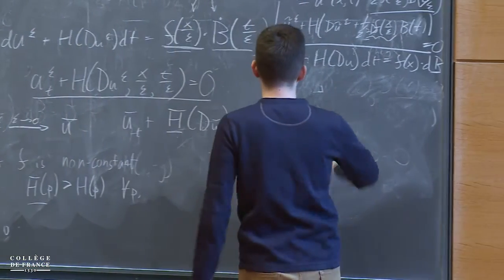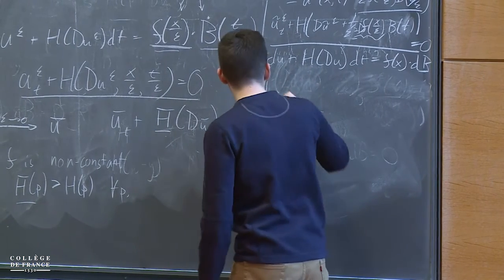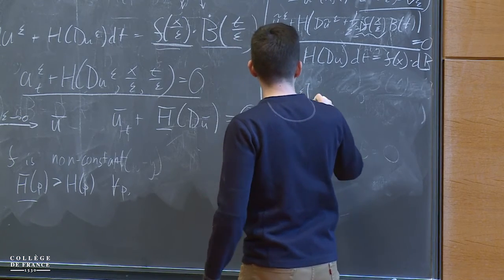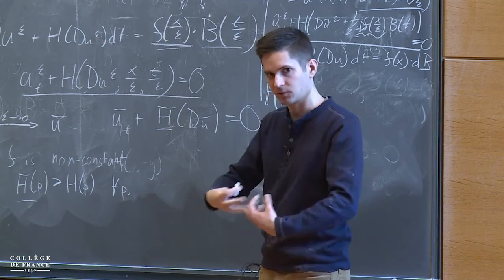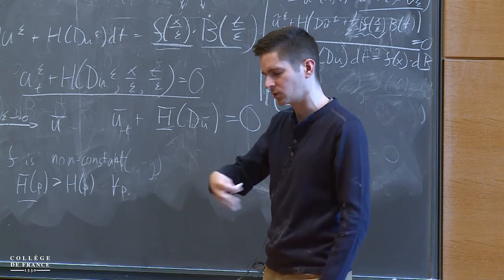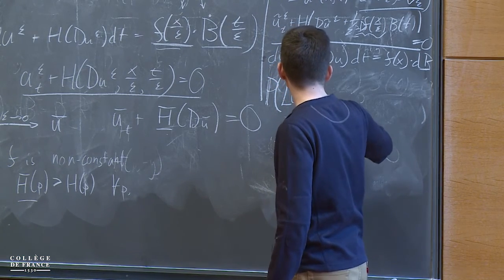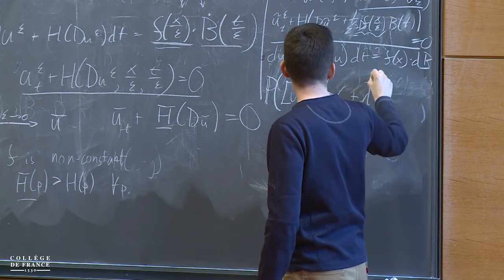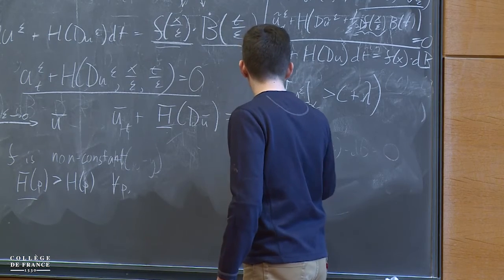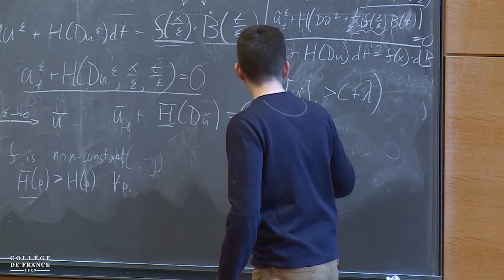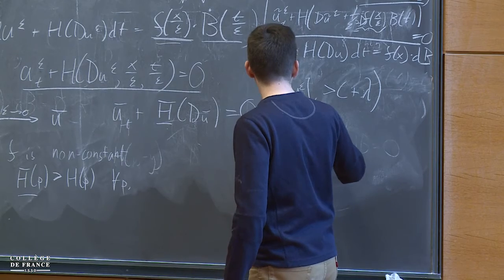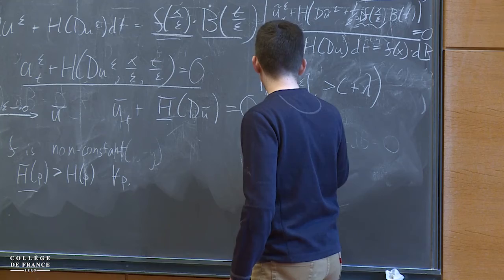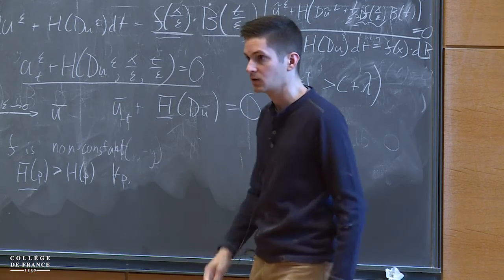And what I was able to find is that I can find some alpha modulus of continuity, so alpha Holder norm, which is bounded in the following sense. The probability that it's larger than some constant plus some parameter lambda is bounded by the sup norm of f, so that's good to see, to the power p divided by lambda to the p. For any p I can do this, and the constant here will depend on p.